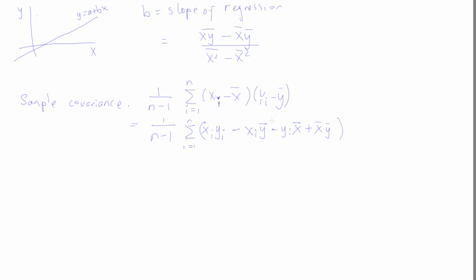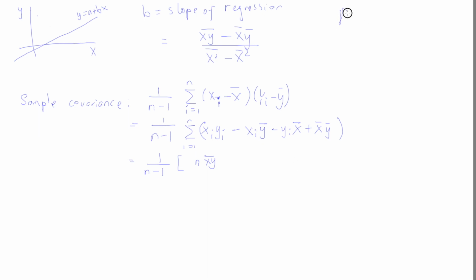So all I did was just expand the brackets. Now, what is the first term here? Well, we know that if we had a 1 over n, this would just be xy bar. But here we don't have a 1 over n, we just have the sum. So the trick is we put an n and then xy bar.